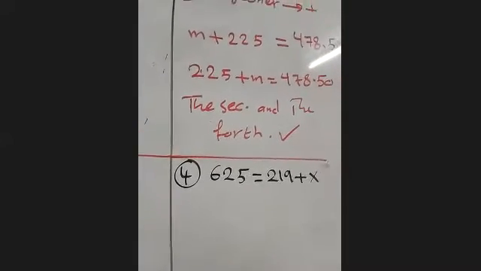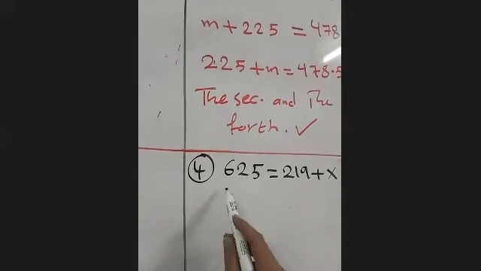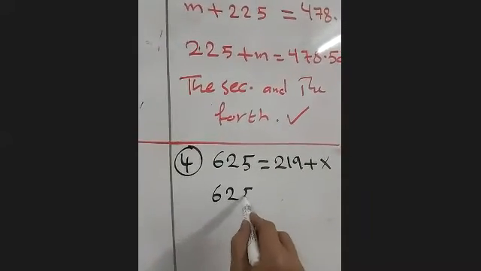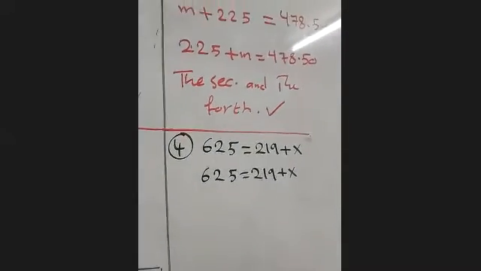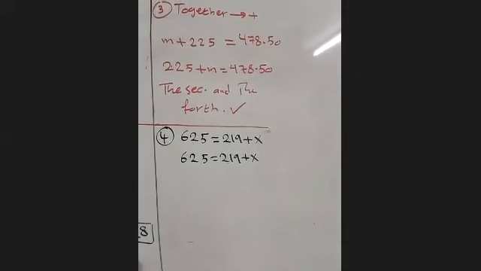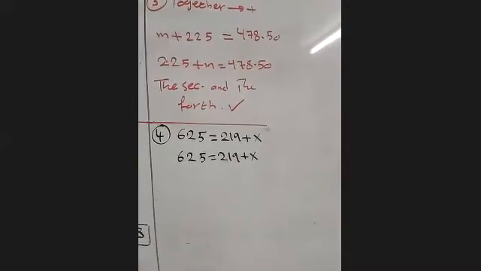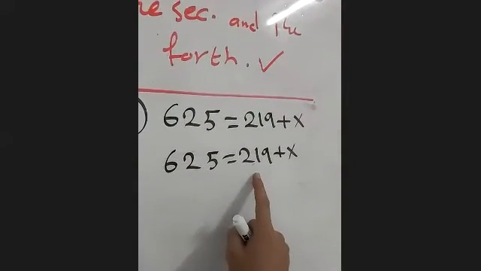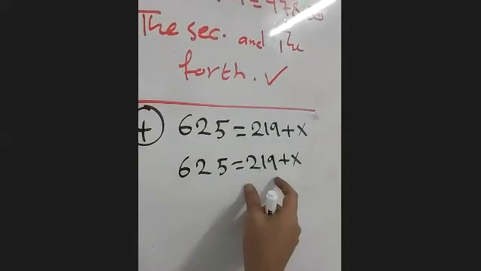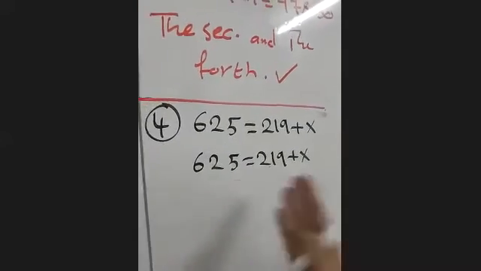Rewrite the equation another time: 625 equals 219 plus x. Then subtract. It's not the coefficient, this 219 is the number connected with x. So I will subtract it from both sides.